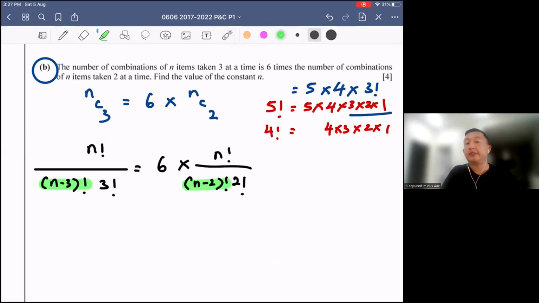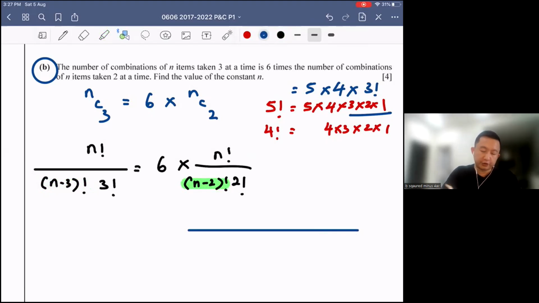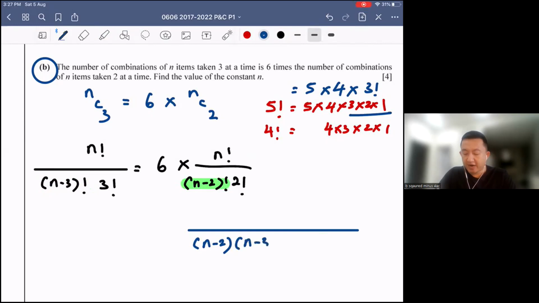and n minus 2 factorial, one of them, you can change either one of them. So I'm changing n minus 2 factorial. That's the reason why. I'm changing it to n minus 2, and then minus 1, that will be n minus 3.